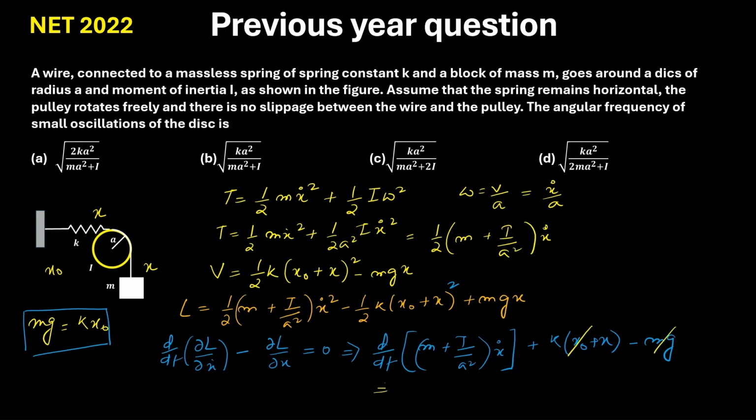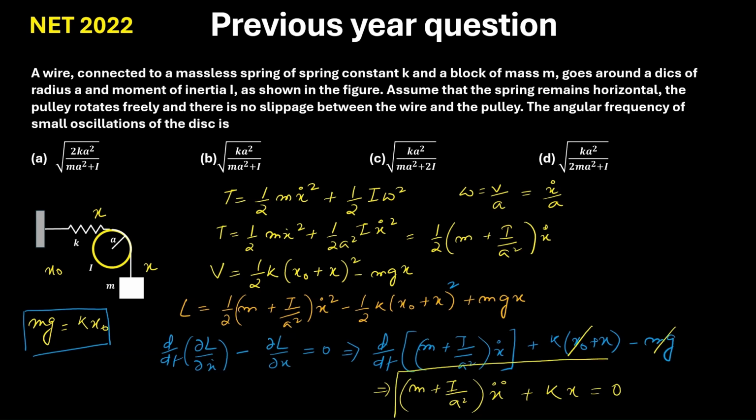So your final equation of motion will be m plus I by a square into x double dot plus kx is equal to 0.